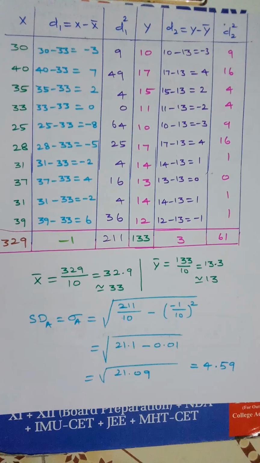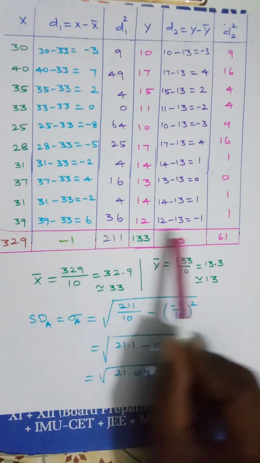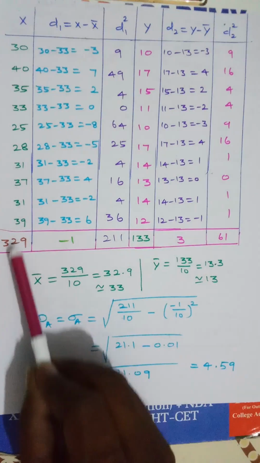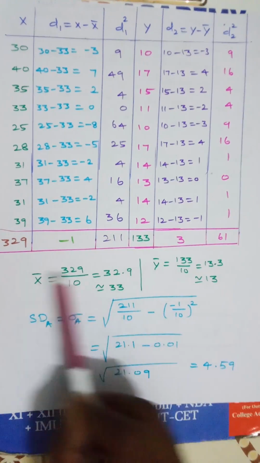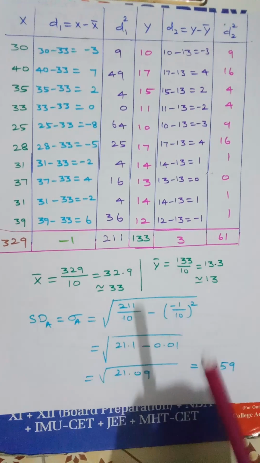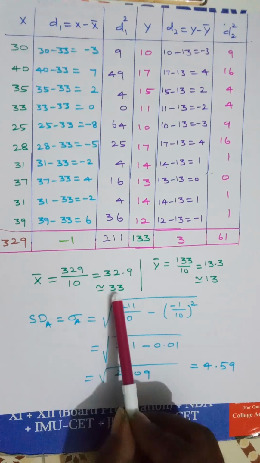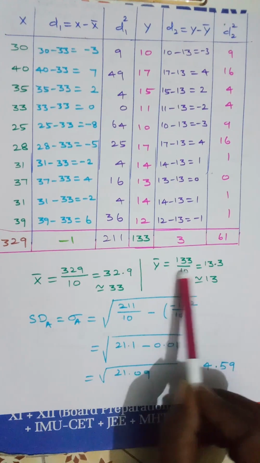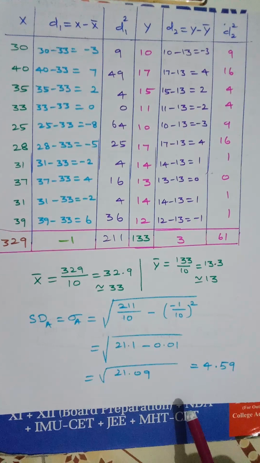Don't fill the second, third, fifth and sixth columns yet. First fill these two columns, find the total for both, then go to find x bar and y bar. So 329 by 10 is 32.9, approximately equal to 33. Similarly, y bar is equal to 133 by 10, which is 13.3, approximately equal to 13.